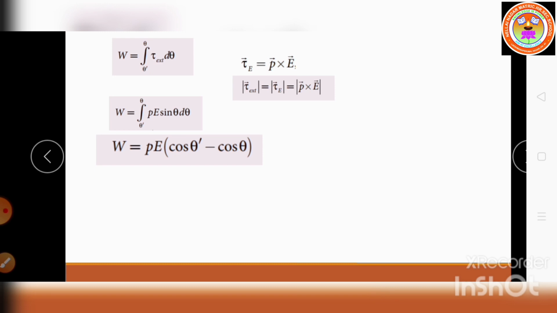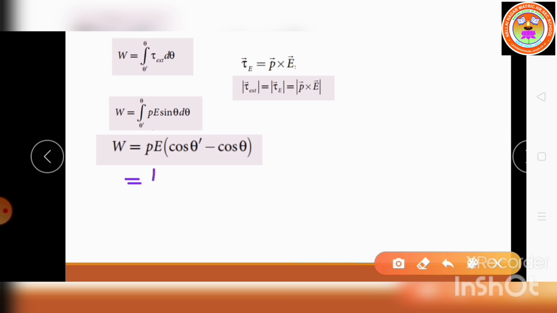That is, W is equal to PE of cos theta dash minus cos theta. This work done is equal to the potential difference between the angular positions theta and theta dash. Listen children, we can write this formula once again by multiplying PE inside the bracket.